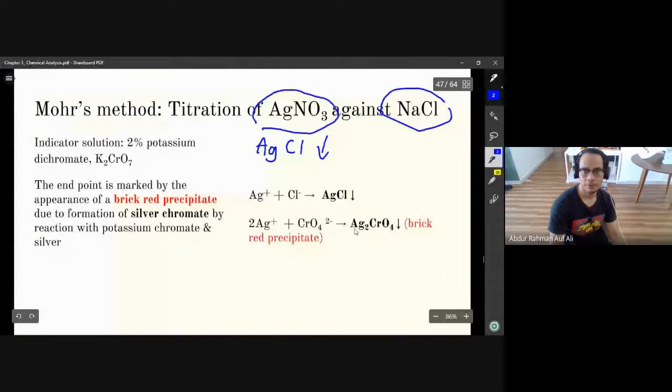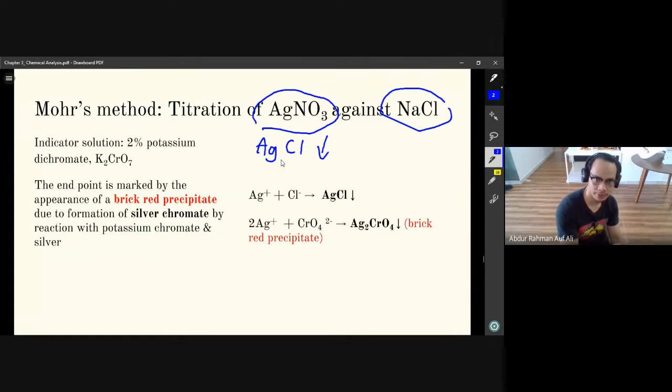Okay, so silver chloride ni is the precipitate, mendakan. So the thing with precipitation titration ni, the indicator tu dia bukan bertindak balas dengan the reagent, tapi dia bertindak balas dengan precipitate. Okay, so this is how it works. So the precipitate ni, AgCl ni, dia akan bertindak balas dengan indicator.